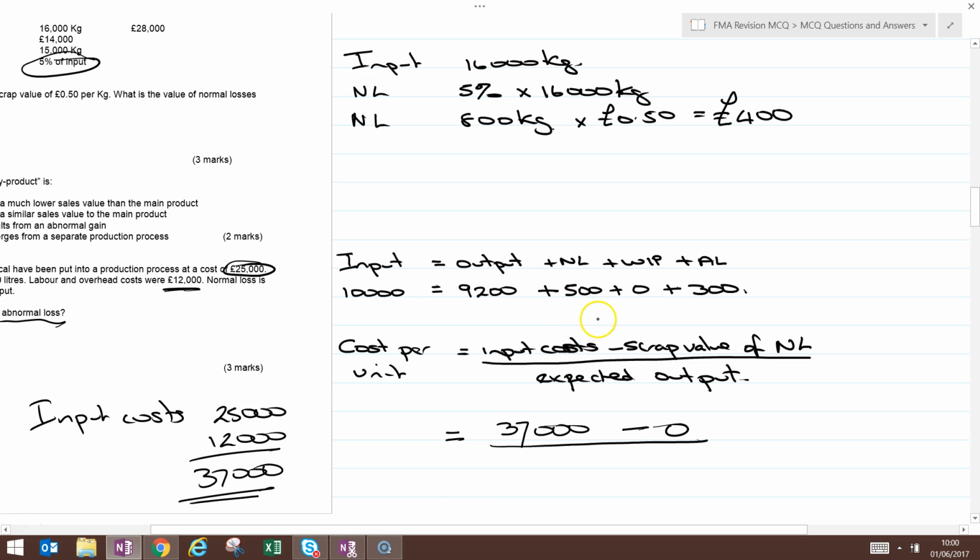Now your normal loss, if you remember the definition, is a loss that is expected from the process. So if we input 10,000 and we expect to lose 500, then our output we would have expected to be 9,500.